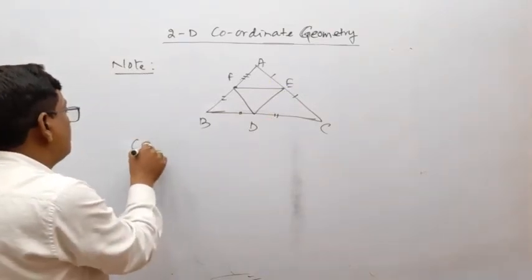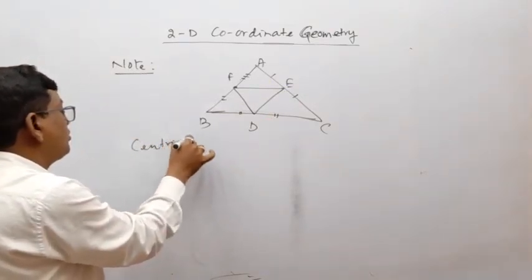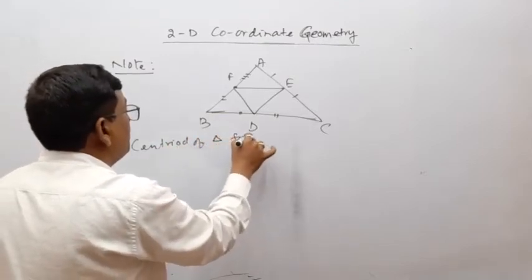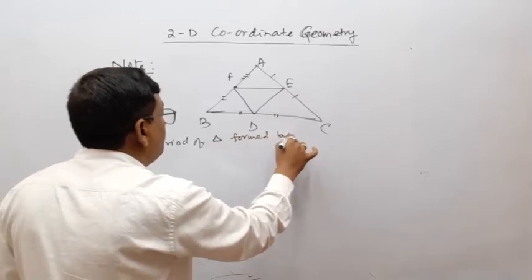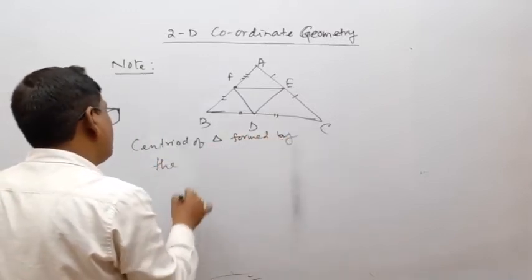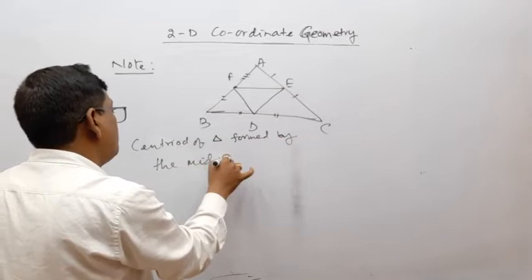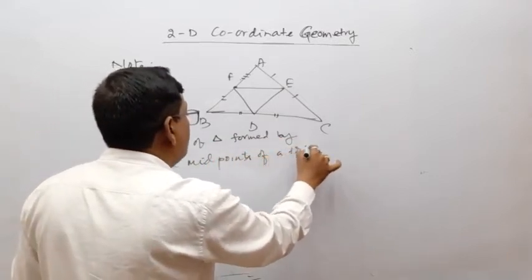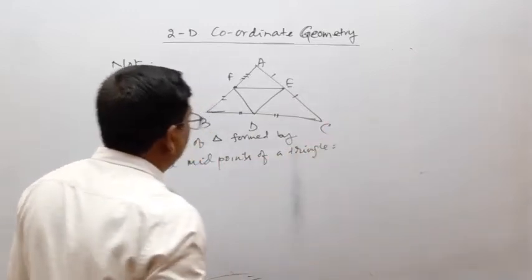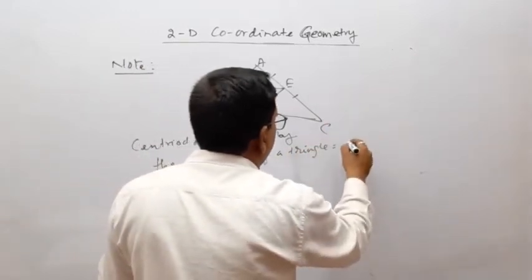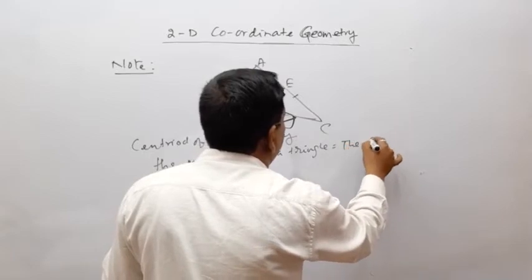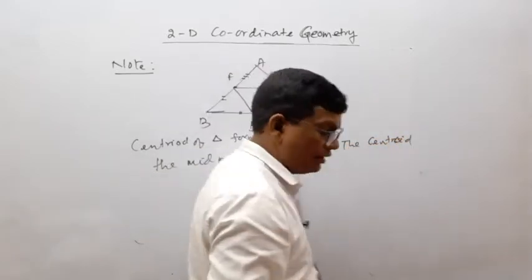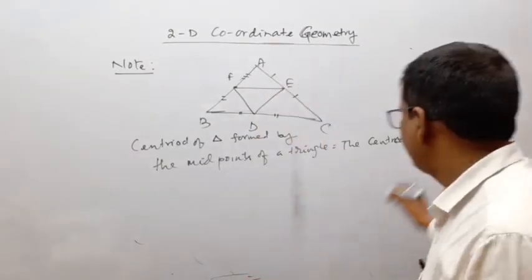So the centroid of the triangle formed by the midpoints of a triangle is equal to the centroid of the given triangle.